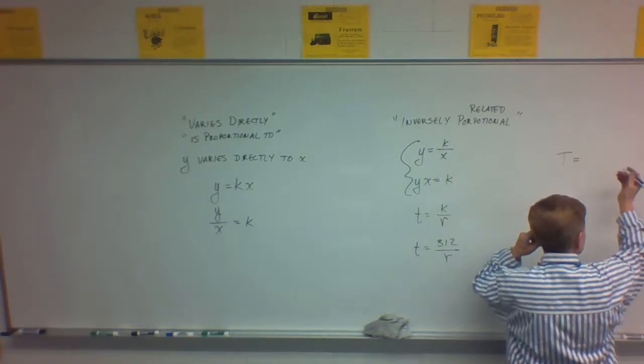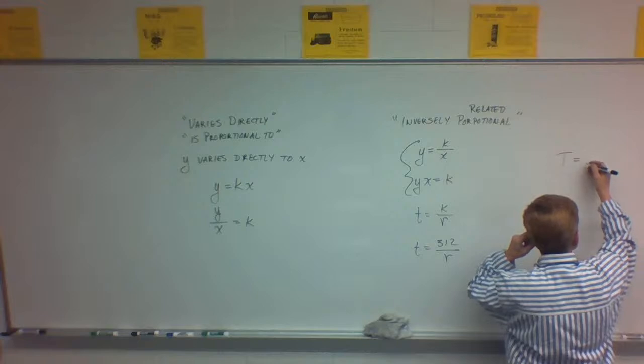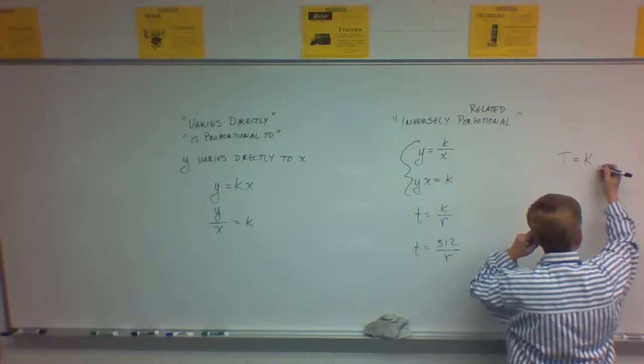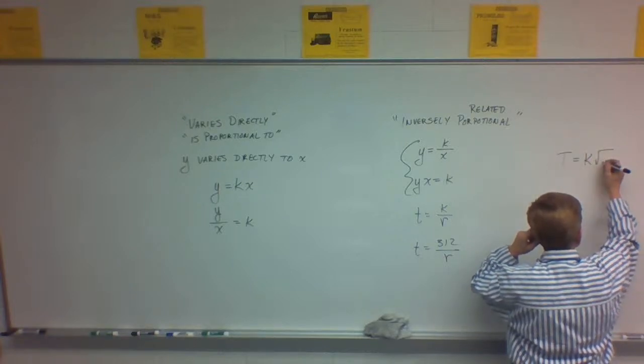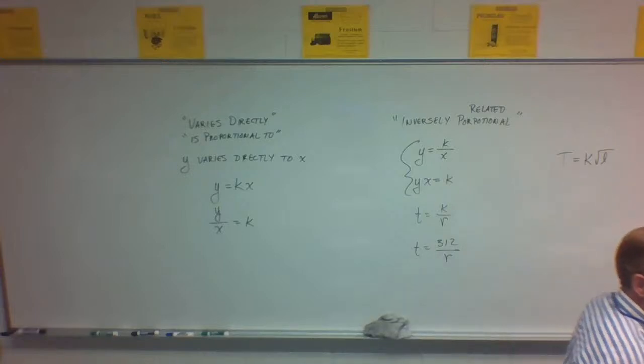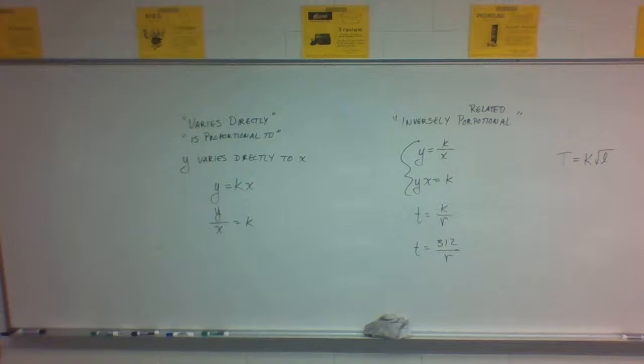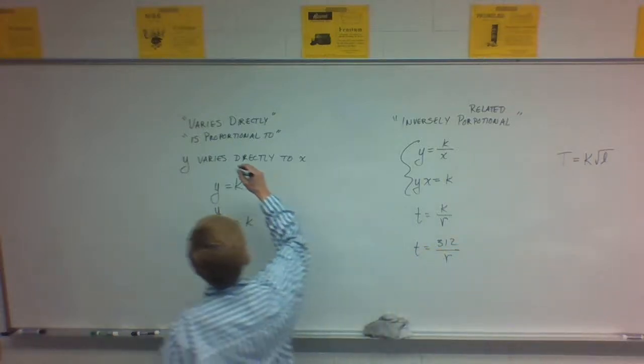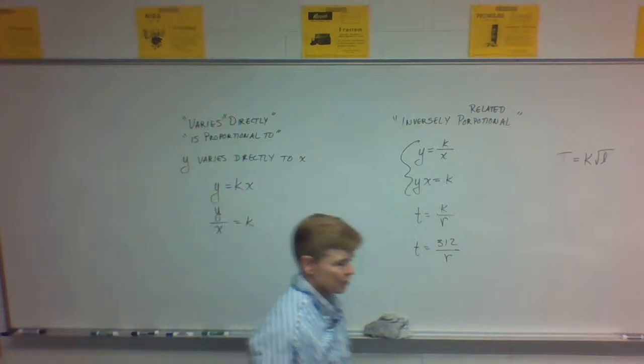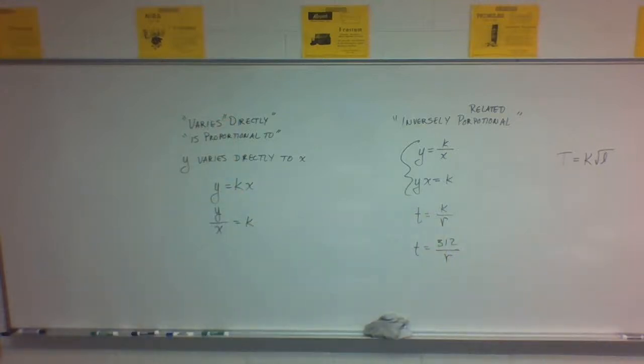If you don't see the word direct or inverse, it means direct. That's the default. Varies directly, or just varies, as the square root of the length of the string. You see that direct translation of the words? Again, if you see just varies, this is the default. Instead of varies directly, it could just be varies, and that's also a direct relationship.